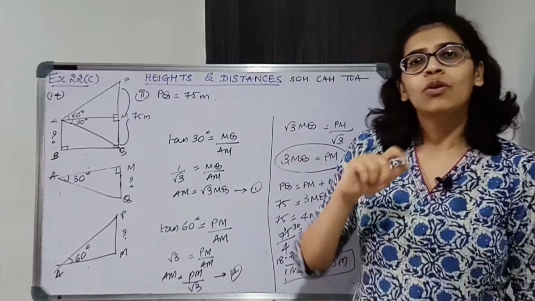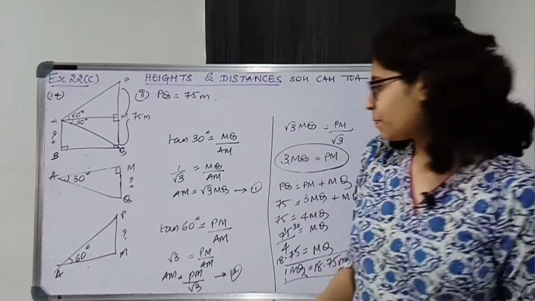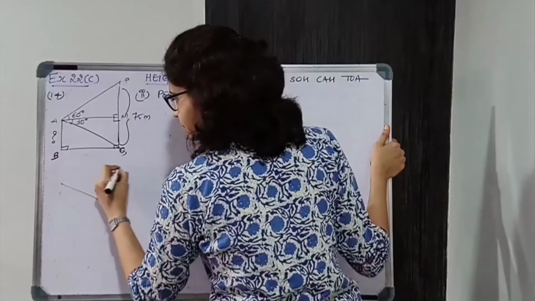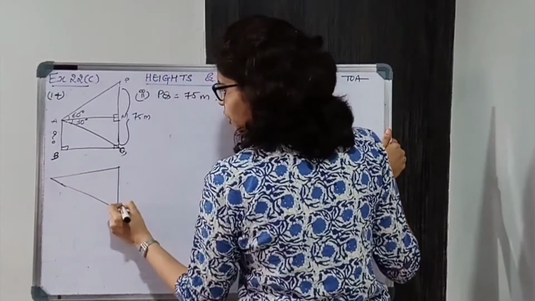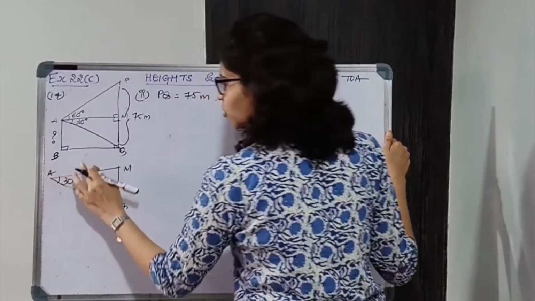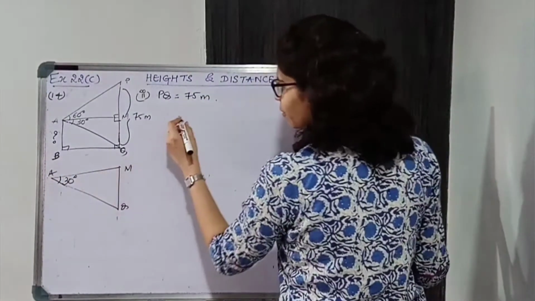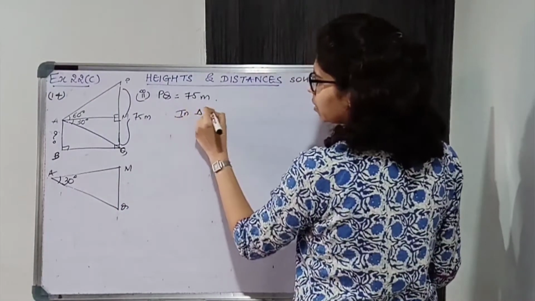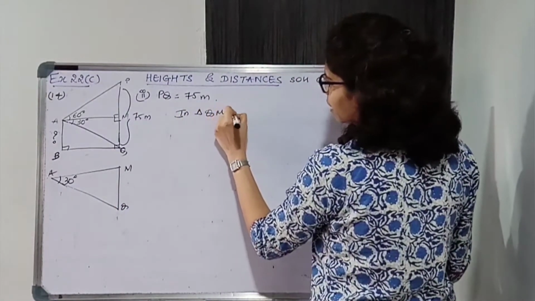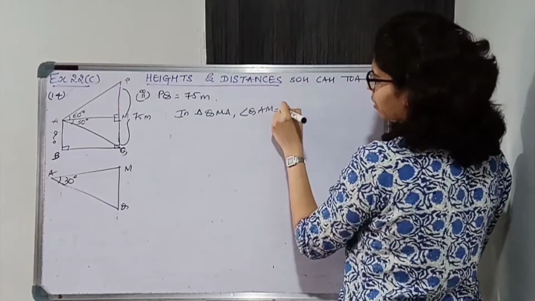Okay, so now let us write down the solution in a proper manner. Now QMA, I'm considering this triangle first. Okay, I need to relate AM with MQ. All right, so I'm drawing this separately for reference. So in triangle QMA, angle QAM is equal to 30 degrees.